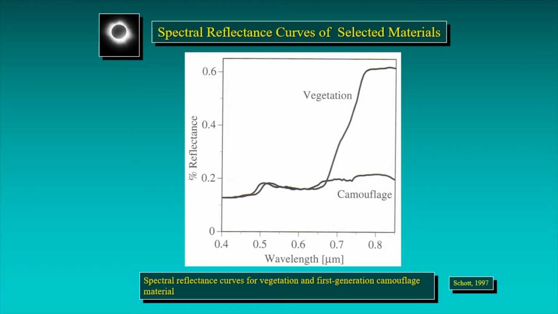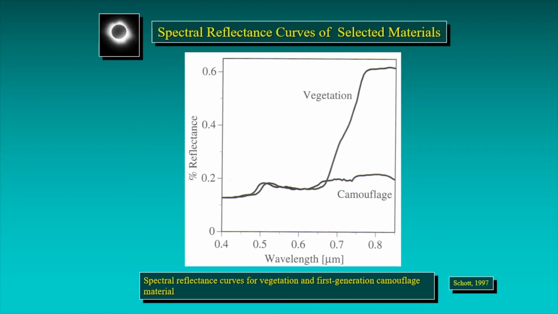And as we talked about previously, healthy green vegetation has very high reflectivity in the near infrared portion of the spectrum. The reasons for that we'll be talking about in the remote sensing of vegetation section later in the course. But the main point here is that in the visible portion of the spectrum, at least with this first generation camouflage, it replicates well what vegetation looks like.